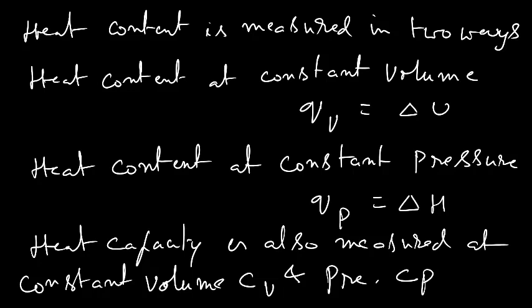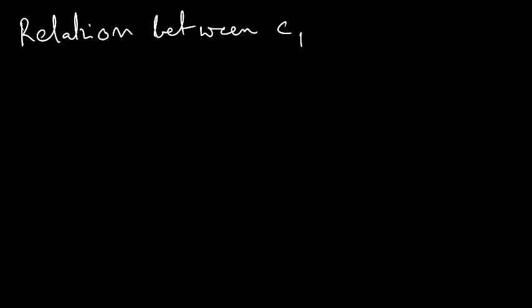So Cv is the heat capacity at constant volume, Cp is the heat capacity at constant pressure. Now let us see the relation between Cv and Cp.